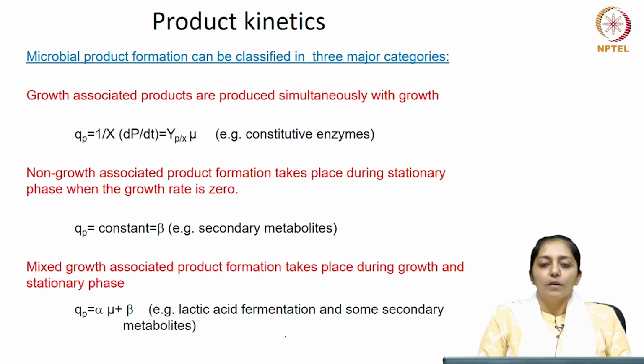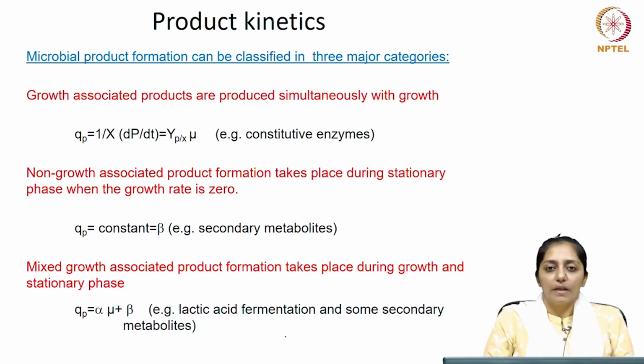So, now let us talk about the product kinetics. Product kinetics would mean the rate at which the product is getting formed, or how the product concentration in a batch is changing with time. Like growth models, there are various models which can demonstrate product formation kinetics in batch fermentations.